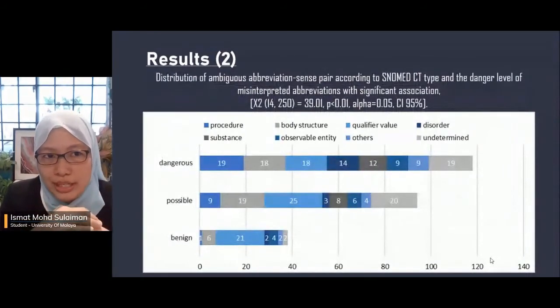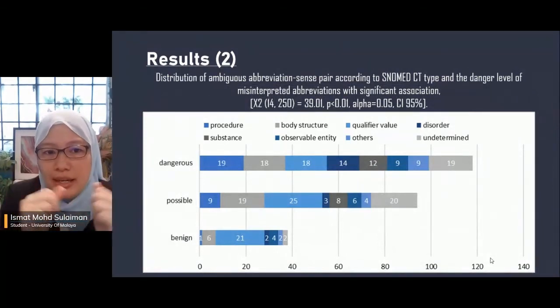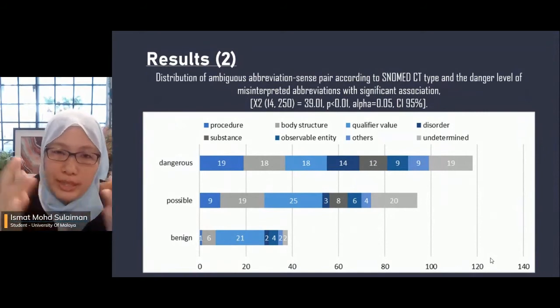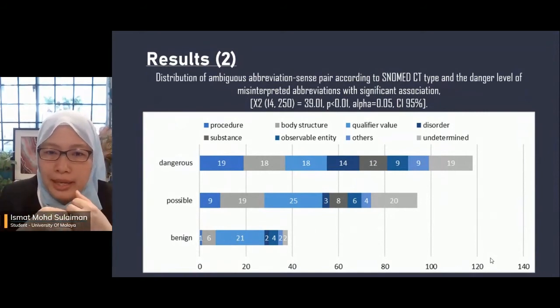This slide shows how those ambiguous abbreviations are distributed based on the danger level as well as the SNOMED CT type. What I can say here is it's really difficult to see any pattern that says which SNOMED CT type relates to the danger level, because once we ran the analysis, we found that the numbers become less and less.